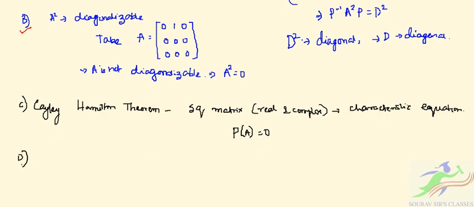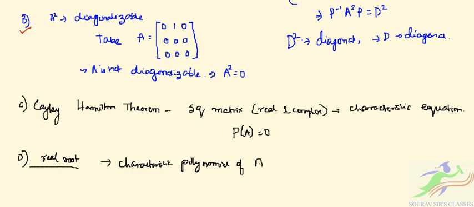The characteristic polynomial of A is of degree 3, with real coefficients, and it must have a real root.